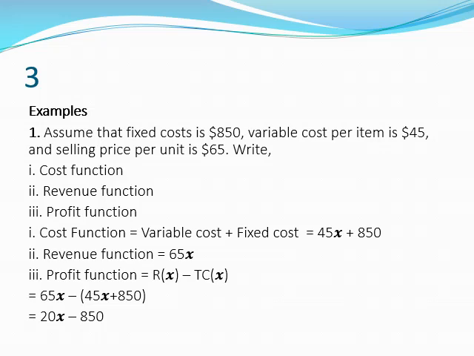The revenue equals 65 multiplied by 10 units, because each unit's price is 65, so the revenue is 650.